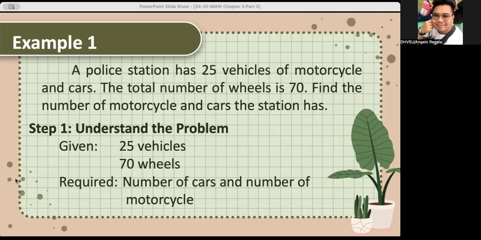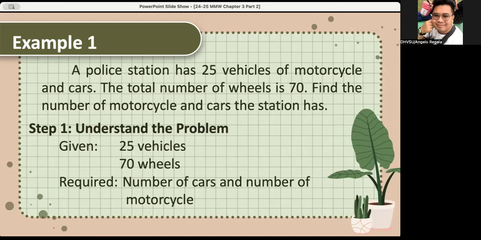This is an example of applying the 4-step rule. Example number 1: a police station has 25 vehicles, motorcycles and cars in total. The total number of wheels is 70. Find the number of motorcycles and cars the station has.